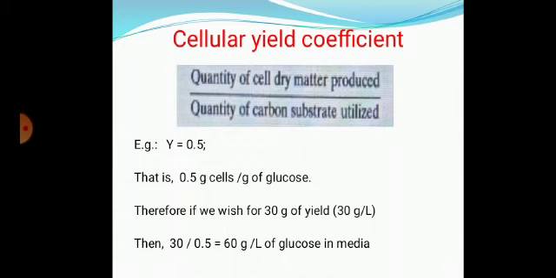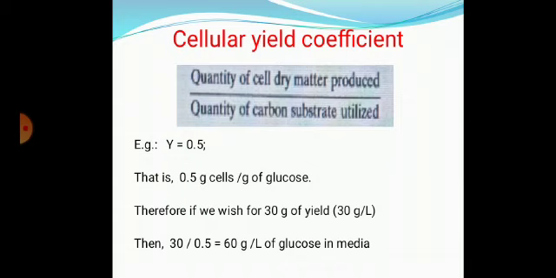Below you see, 0.5 means to grow 0.5 grams of cells, you require 1 gram of glucose. That is, 1 gram of glucose supports 0.5 grams of cell growth. That is what Y is.